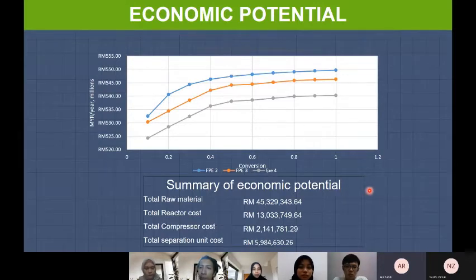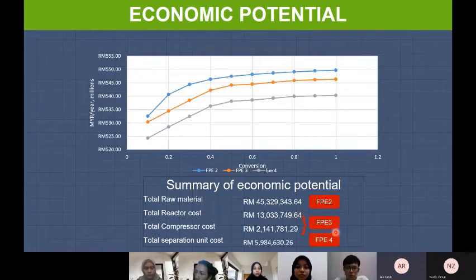Next is about the economic potential in our production. Here is the graph illustrating the trend of economic potential versus conversion from level 2 up until level 4. The blue line indicates the trend of economic potential from raw materials. The economic potential from level 2 is brought up to level 3 together with the total reactor and compressor cost, which we indicate with the orange line.